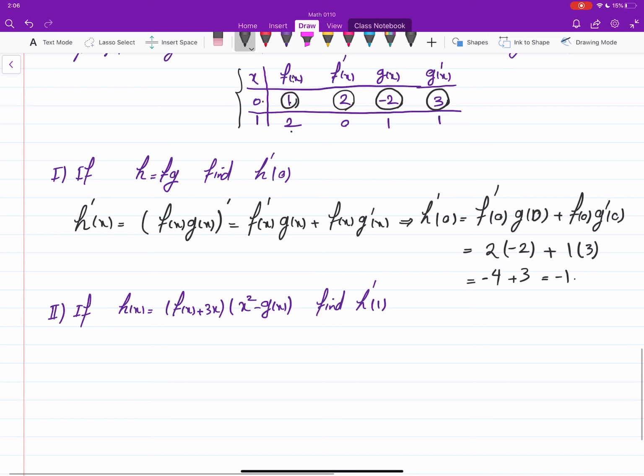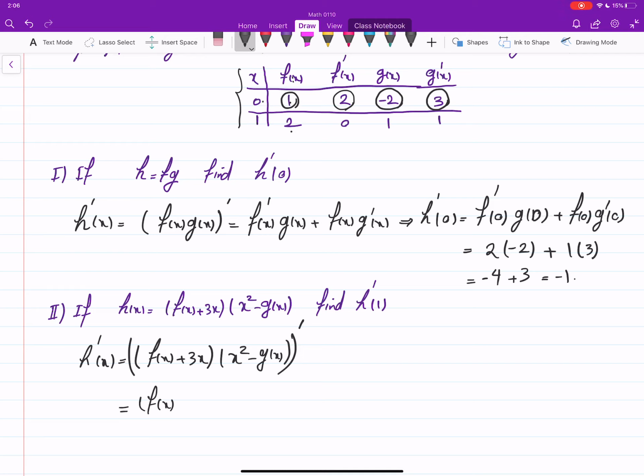How about the other one? Well, h prime of x is going to be the derivative of this whole product of two pieces which involve f and g. Now we can apply the product rule. So this will give us the derivative of f of x plus 3x times x squared minus g of x. Derivative of the first one times the second one plus the first one itself times the derivative of the second one.